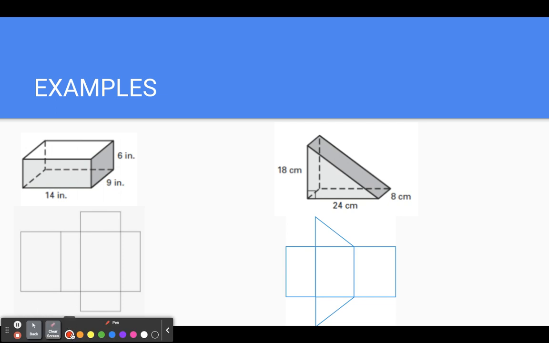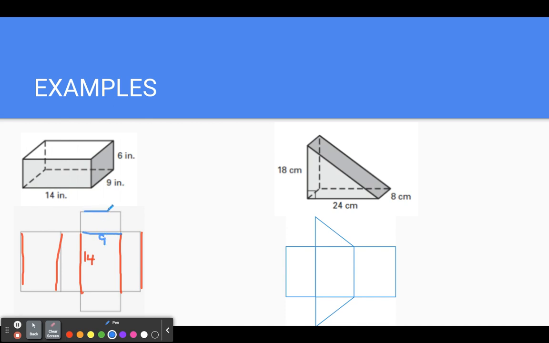I'm going to transfer those numbers over across. So that would be like this side is 14. All of these lengths here are 14. Let me use a different color. All of these lengths are going to be 9.